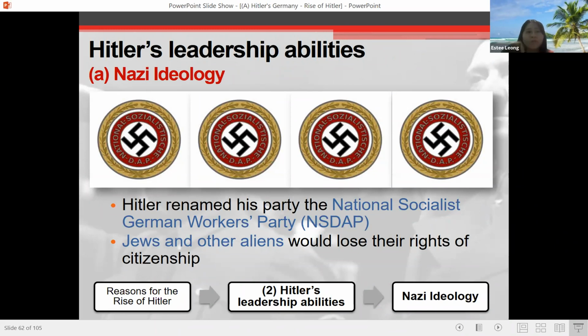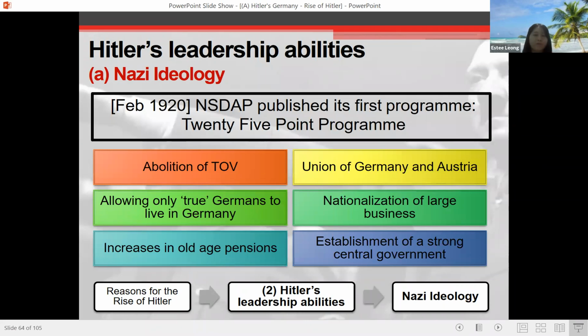I gave you a very basic introduction of Nazi ideology, things that I think most of you are familiar with already. We talked about the 25-point program, which is basically the Nazi Party's policies, their manifesto, their ideas of what Germany should look like after they have gained power through the elections.